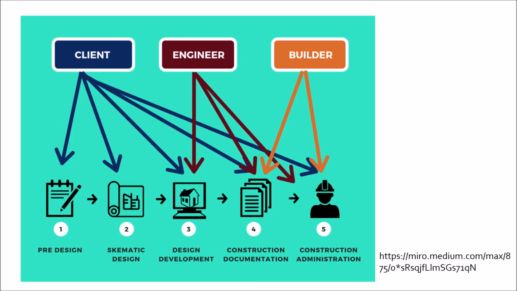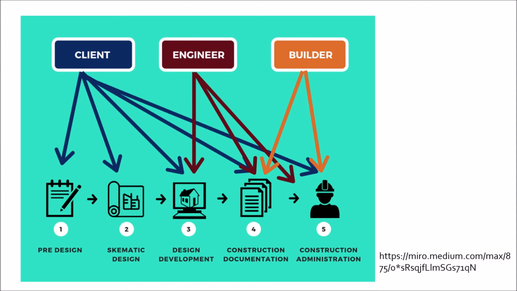So the client, from this image, you can see the picture above, is in all of these 5 phases, from pre-design, schematic design, design development, construction documentation, until the construction administration. The client is everywhere.